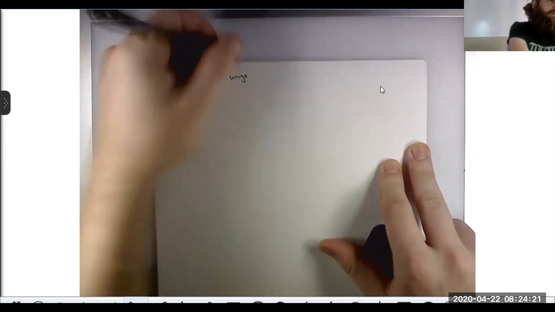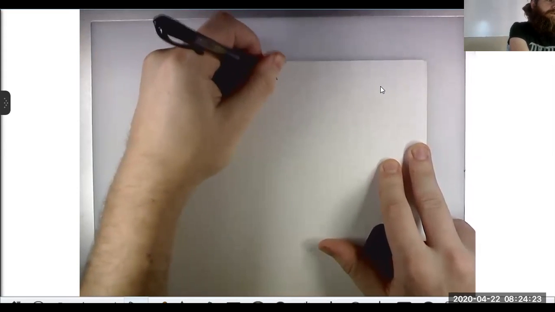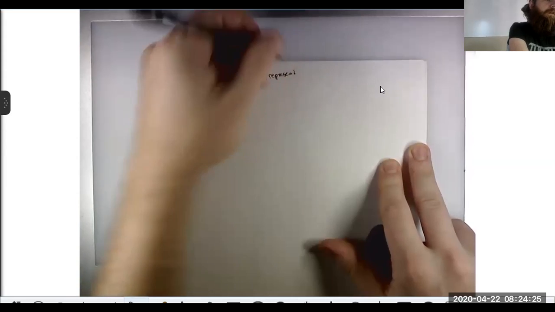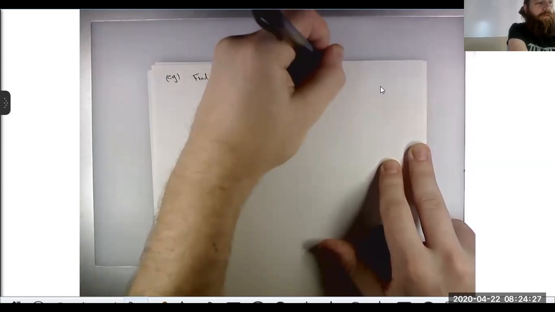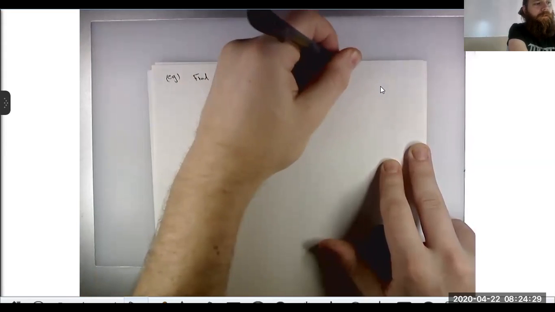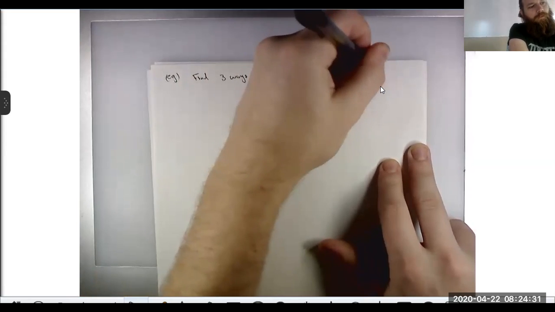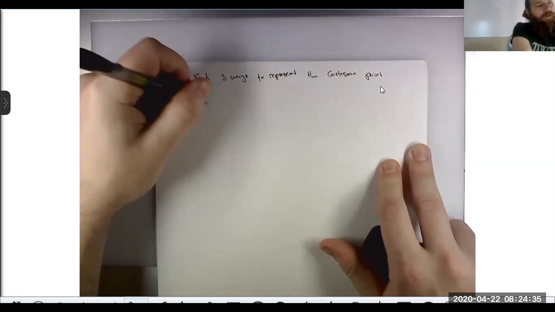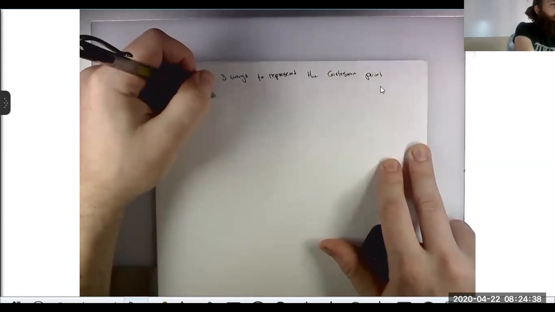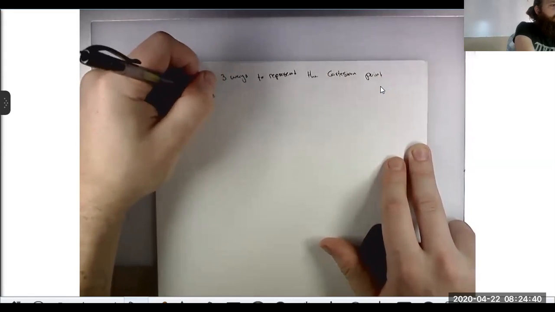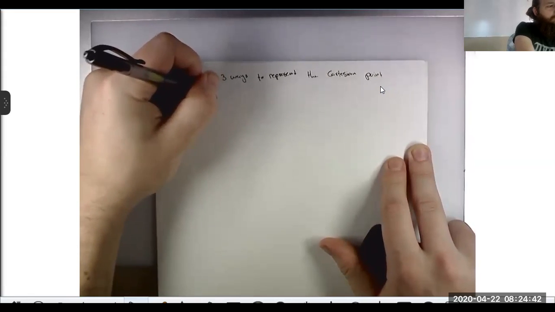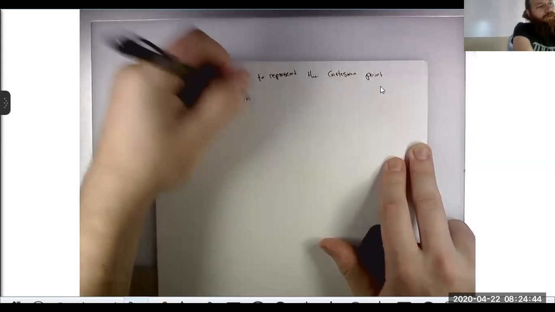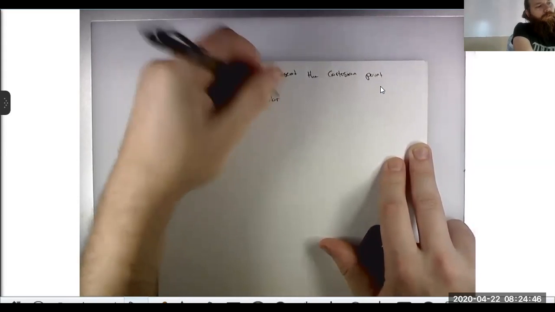So let's find 3 ways to represent the Cartesian point negative square root of 3, 1 in polar coordinates.